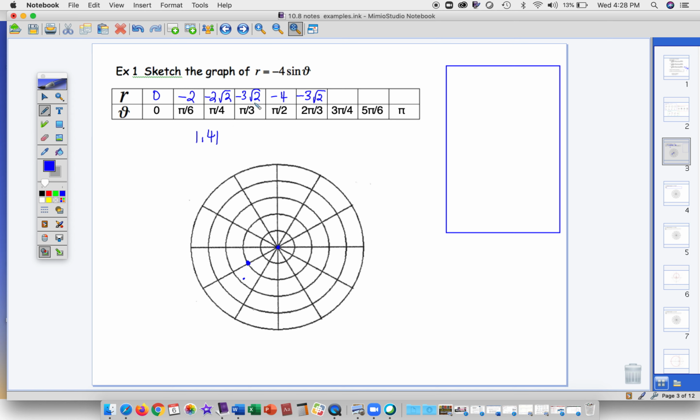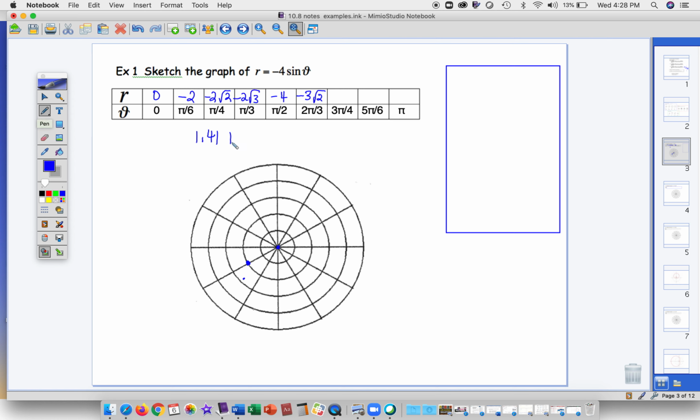And then, oops, I wrote this backwards. I don't know if I said it backwards, but this should be -2 root 3.